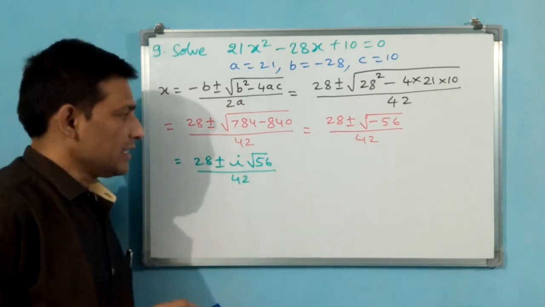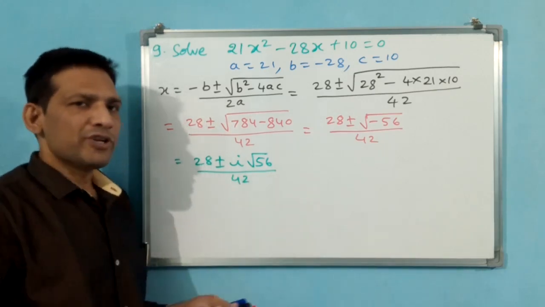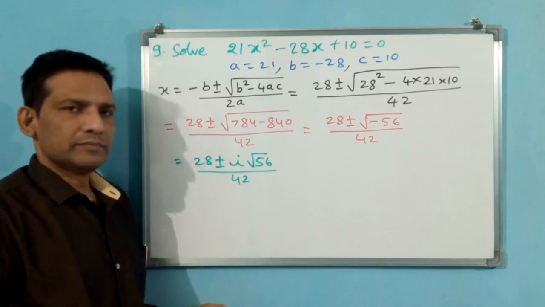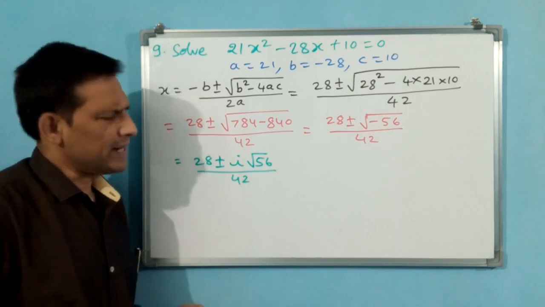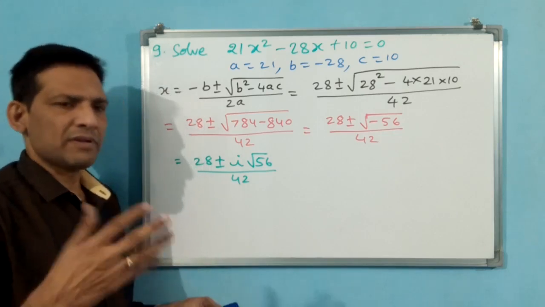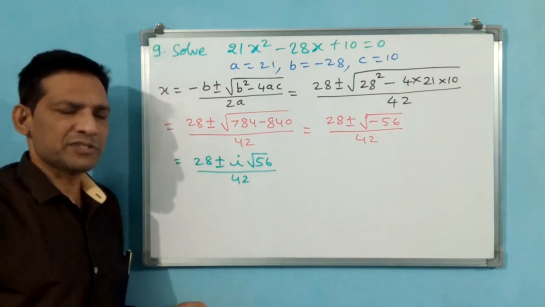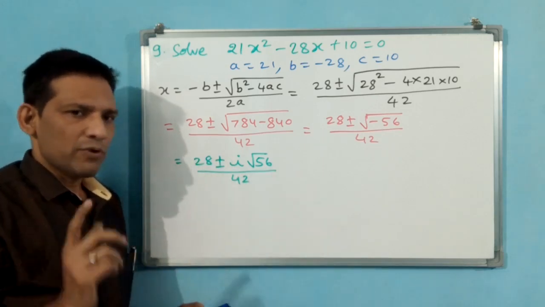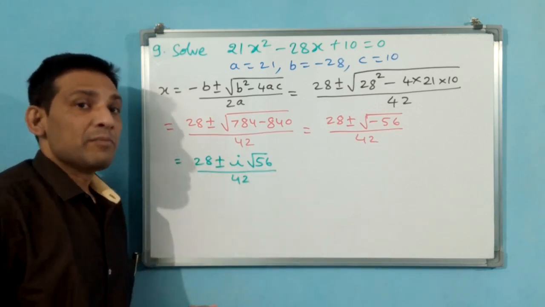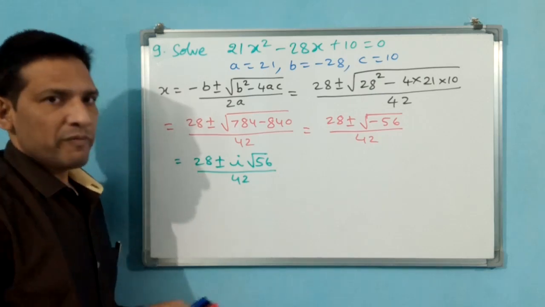You see here 56 directly you need not keep. Why? Because see, 56 you take factorization, direct 56 root is not there. I know 7 7s are 49, 8 8s are 64. This is between 49 and 64. We know that root is not available. But you can simplify further.